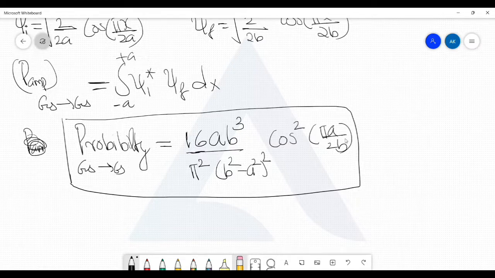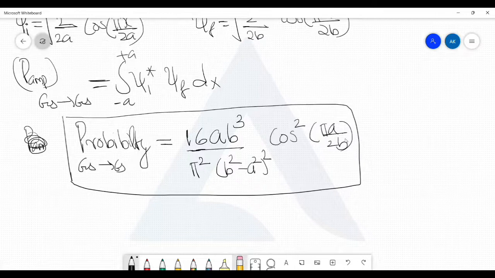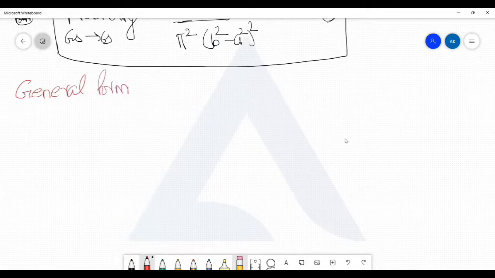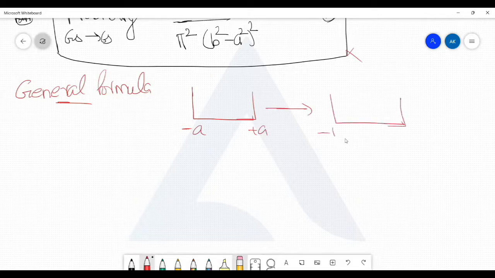Let me give you the general case, the general formula. You should not memorize this one. So the general formula: your system is in the minus a to plus a state. Now it is shifted to minus b to plus b. And you have the nth state, the transition is to the nth state.